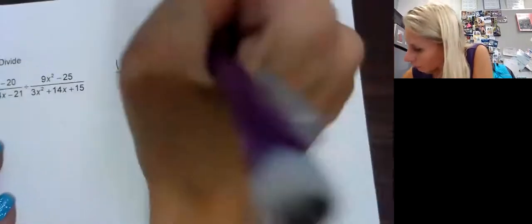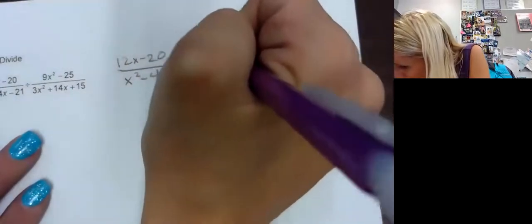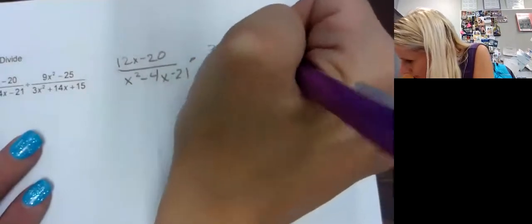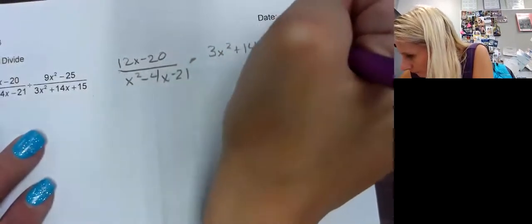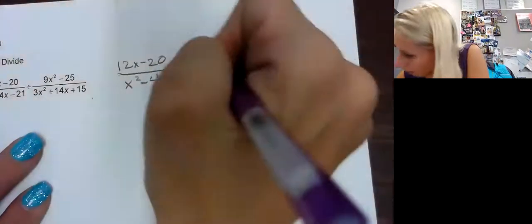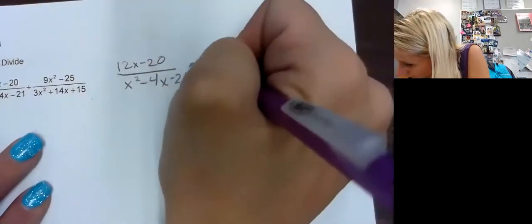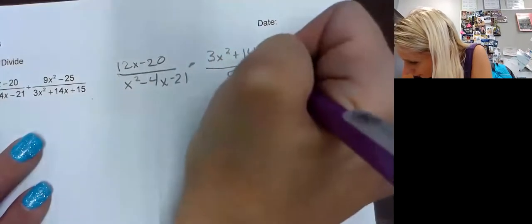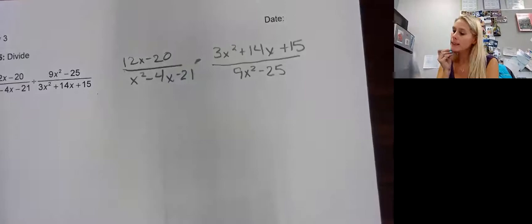Multiply, but I'm going to flip the rest of it. So it's 3x squared plus 14x plus 15 all over 9x squared minus 25.